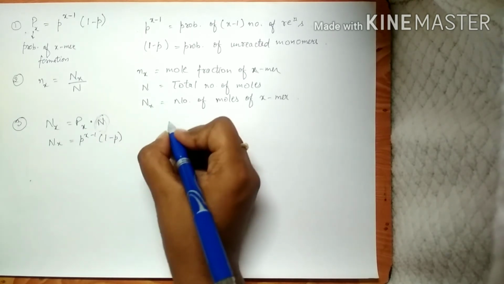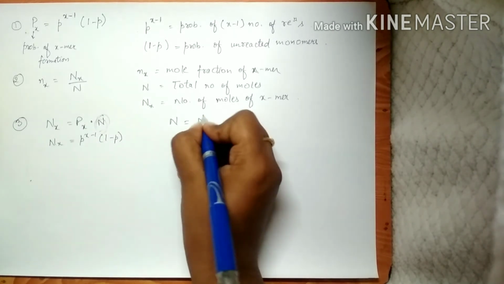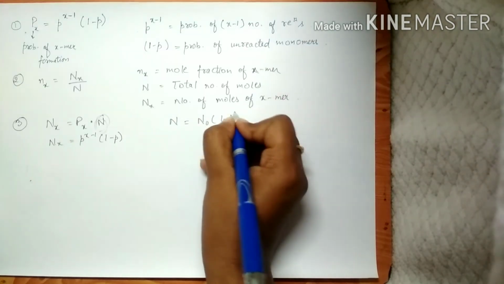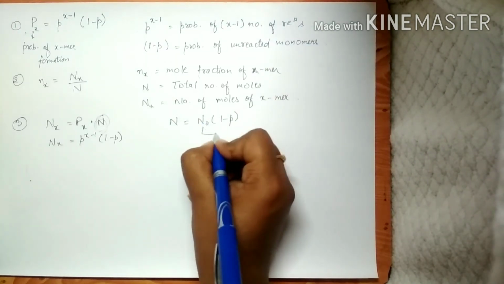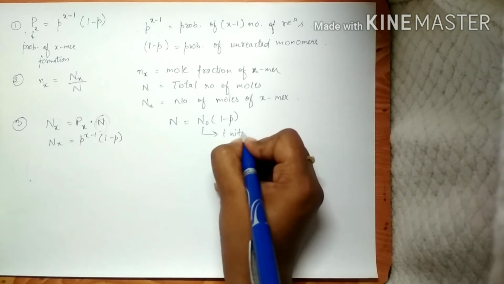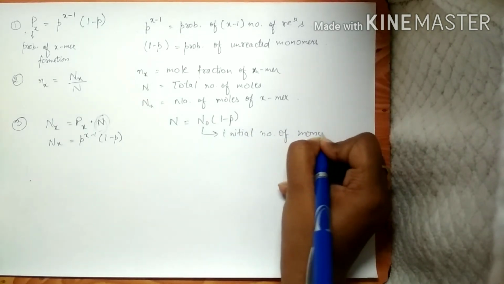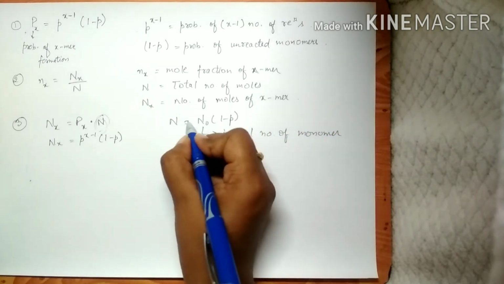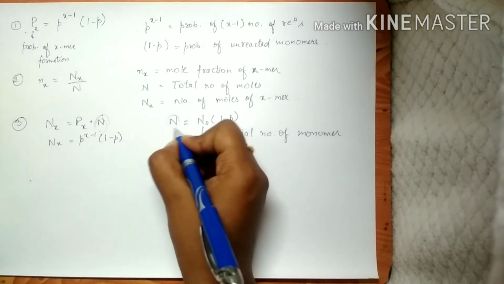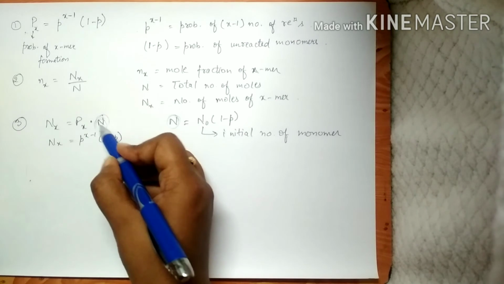For N also you have a formula: N is equals to N naught into 1 minus p. This is another formula. N naught will be your initial number of monomers, and N will be your number of monomers present at that moment.